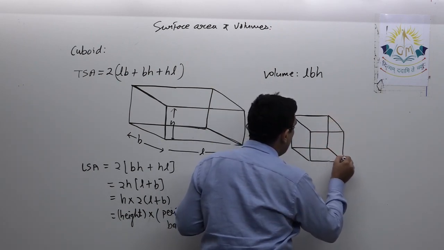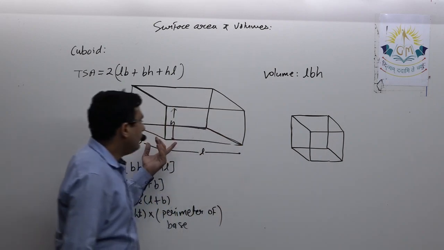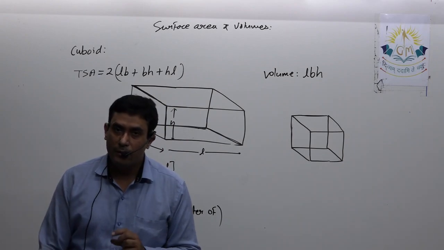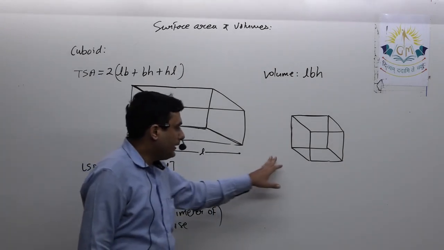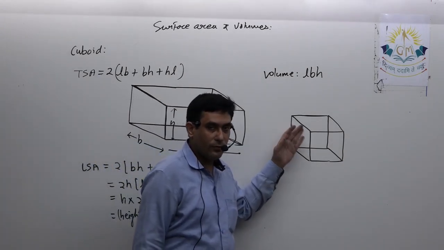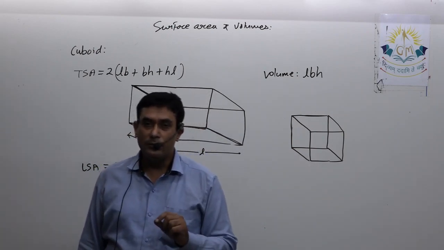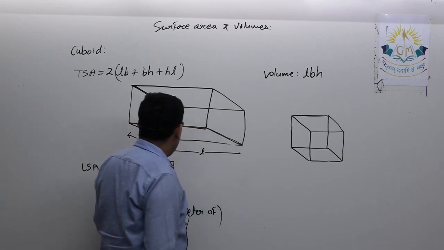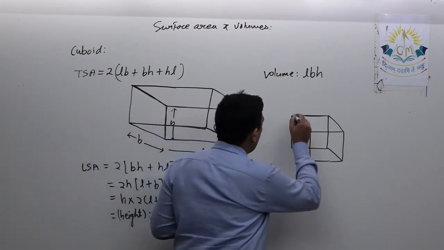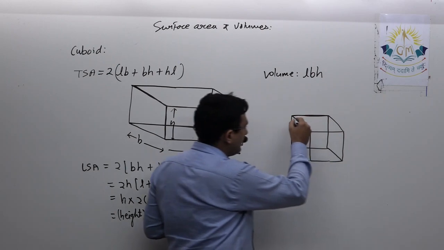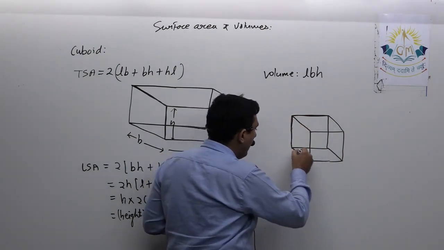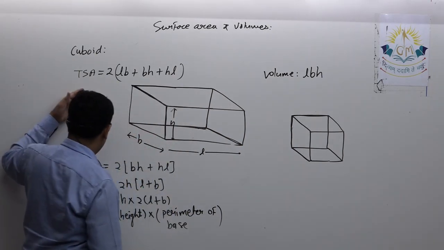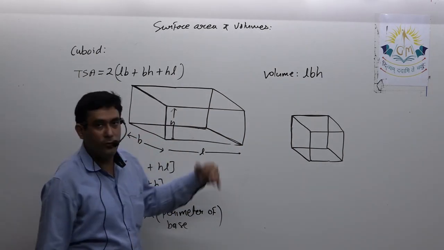Now in a cuboid, each and every surface was in the shape of a rectangle. Over here, each and every surface or face is in the shape of a square. Here I am considering L equal to B equal to H. So for a cube, I consider all dimensions or all the edges equal to L. Now there are two ways to get the total surface area, lateral surface area and volume for the cube.